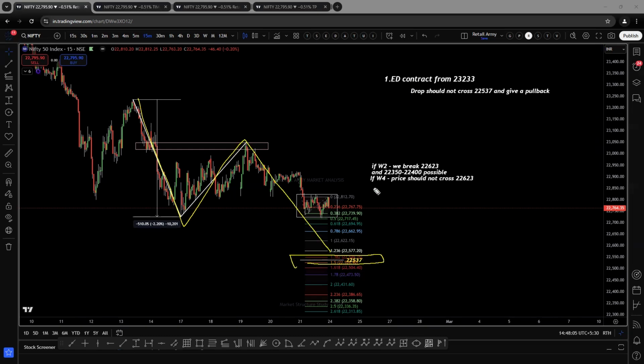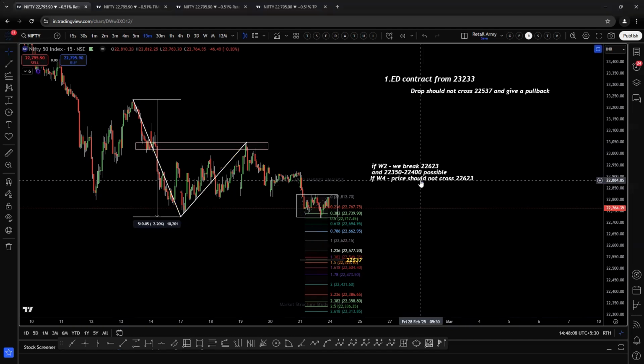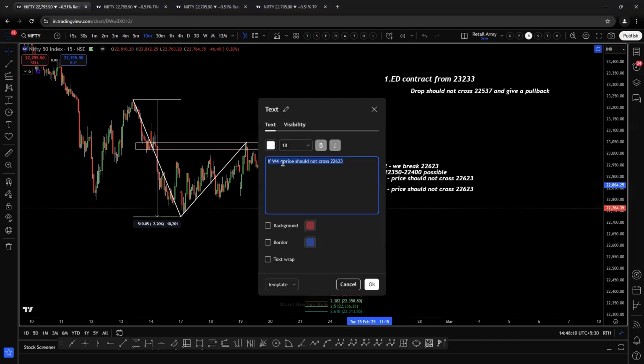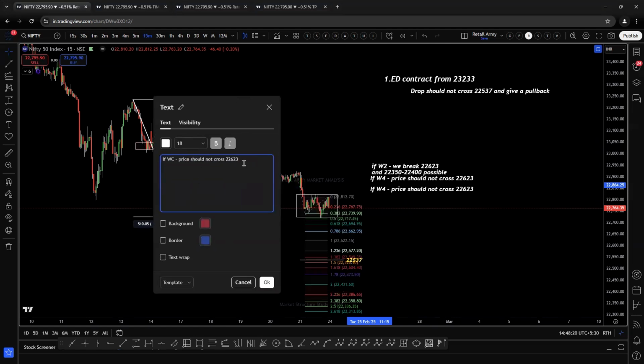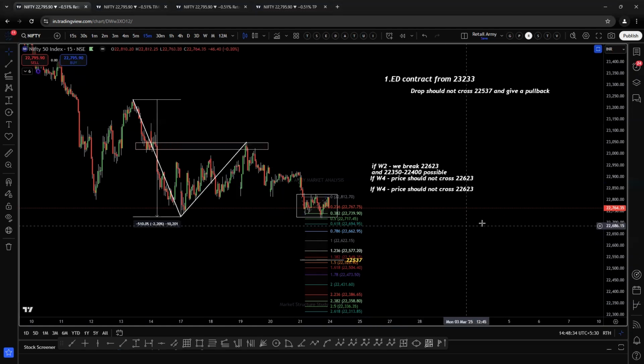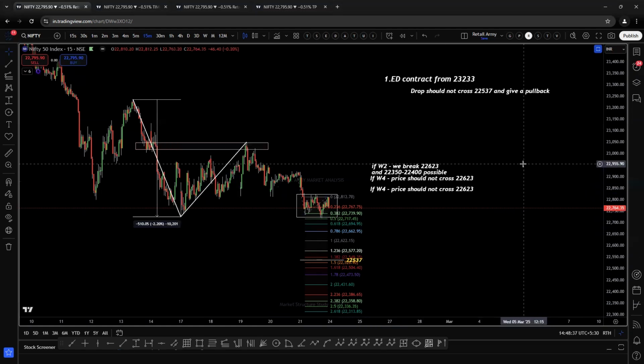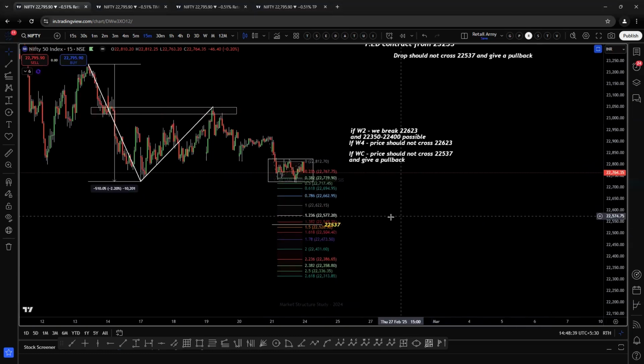So if it's a wave C, the wave C price should not cross 22,537 and give a pullback, right? So these are some methods how you can easily reverse engineer your counts.